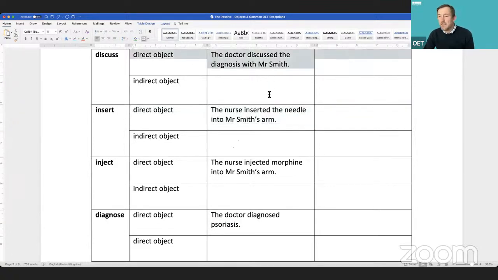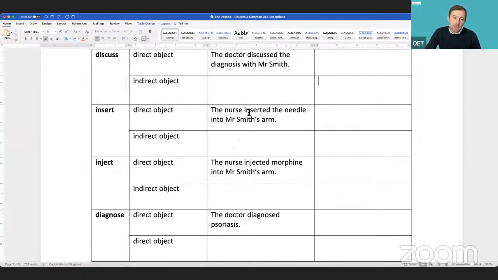What I'm interested to see is how you reformulate these sentences and see if it's possible. One, how to put this into the passive, the first column. Two, whether or not we can use it with the indirect object. And then can we put it into the passive?